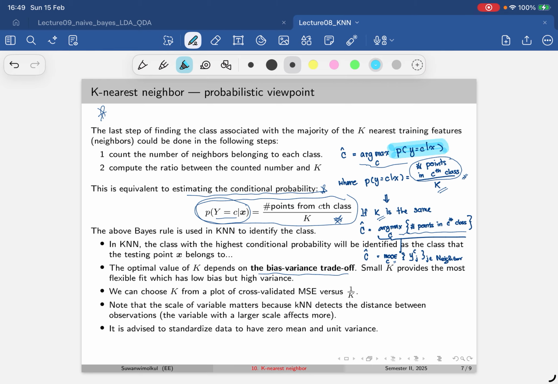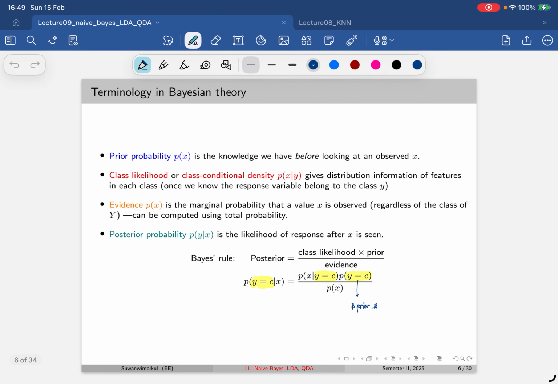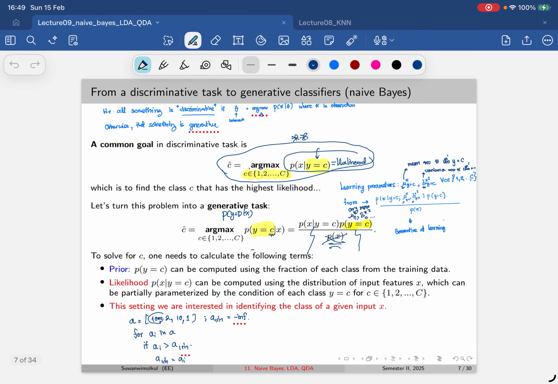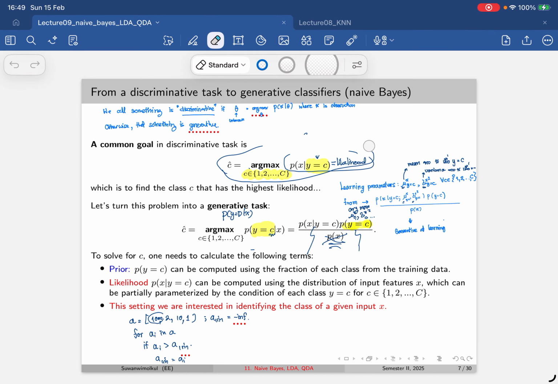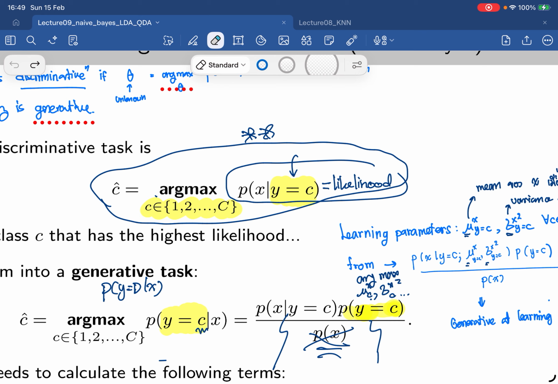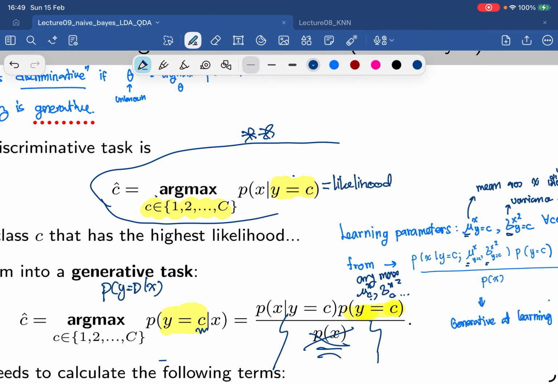And actually, this is a special type of classification, because generally, in many methods that we've learned before, like logistic regression and neural network, we usually infer the class C by inferring it through the likelihood function.